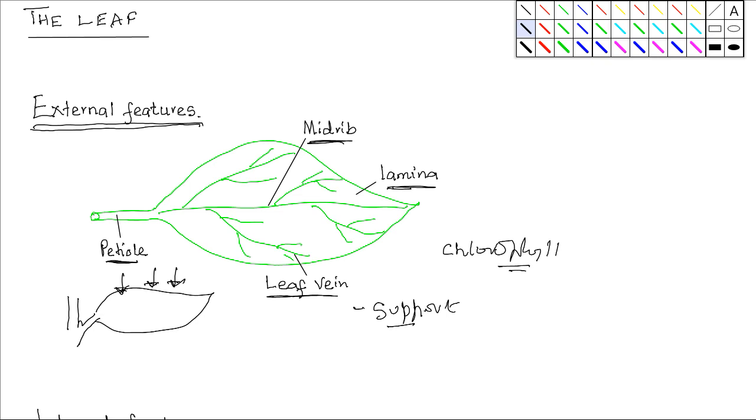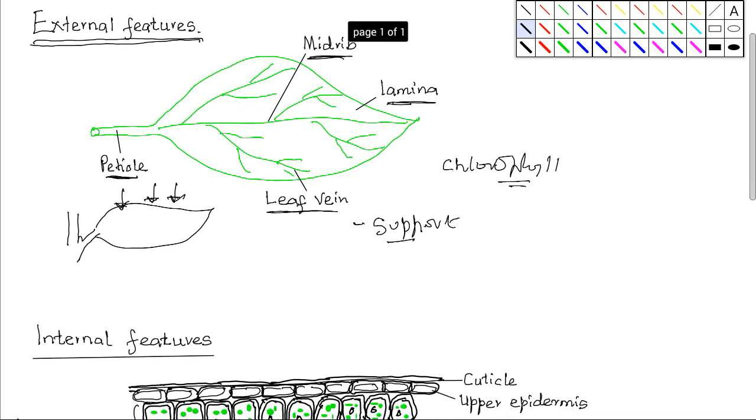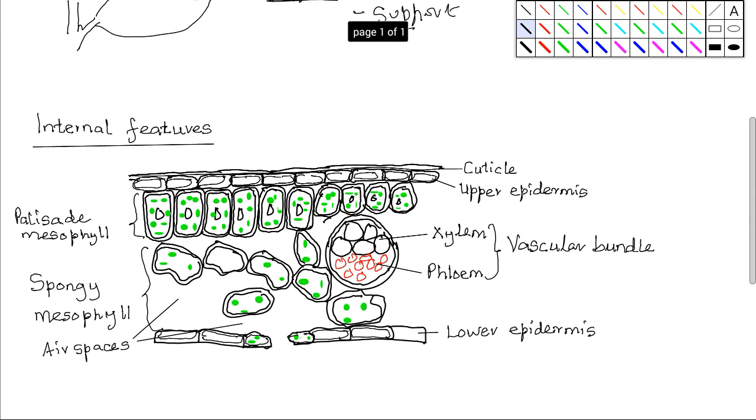So light can penetrate through the transparent cuticle to get to the photosynthetic tissues. Being waxy and waterproof, it also reduces excessive loss of water by evaporation. And also being non-cellular, it protects the underlying tissues from mechanical damage and infection.